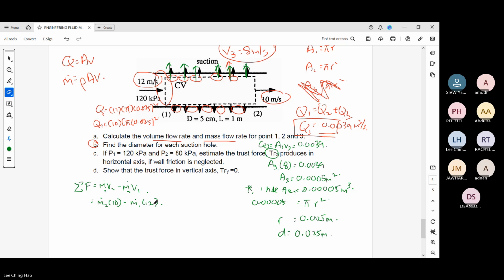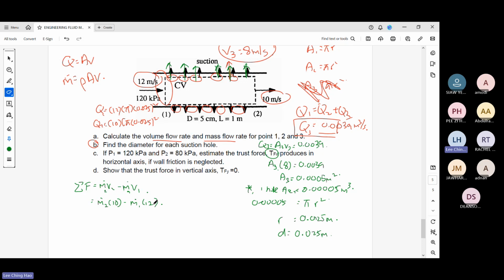Left hand side, force. For force, it's very easy. In practice there's a lot of force that you need to consider. But for our case, the forces that you need to consider will be pressure force, weight and reaction. Reaction you always need, but pressure and weight only come out depending on the case.